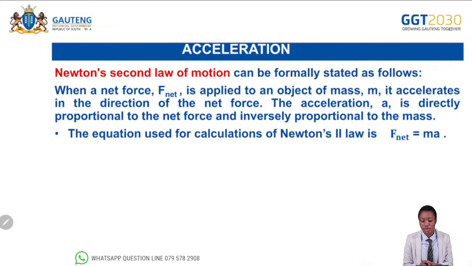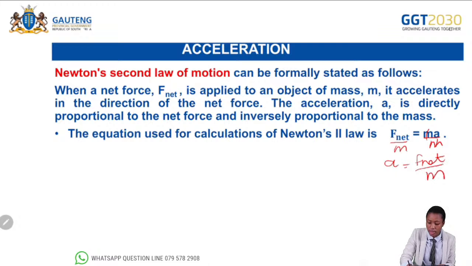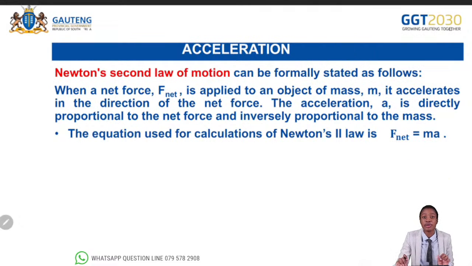And the equation used to calculate Newton's second law of motion is F net equals ma. Remember, in the previous slide, if we divide by m on both sides to get rid of the m here, we'll have a equals F net over m. And we said that the acceleration is directly proportional to the net force, but inversely proportional to the mass. Do you see that, grade 11s?